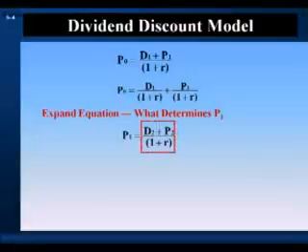The buyer will pay no more for this stock than the present value at year 1 of this dividend and this terminal price. So the price at year 1 is equal to the year 2 dividend plus a year 2 terminal price discounted back 1 year to year 1.